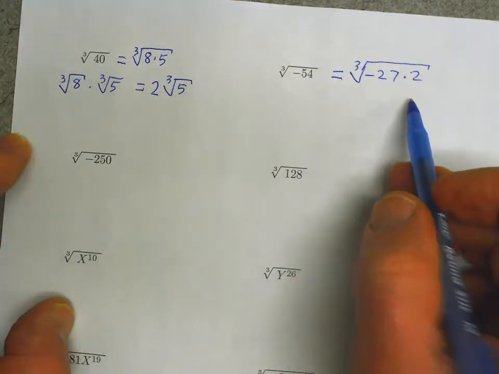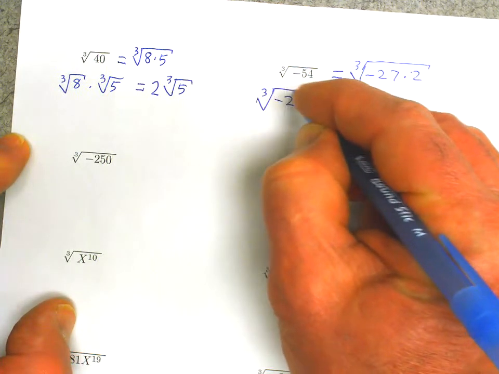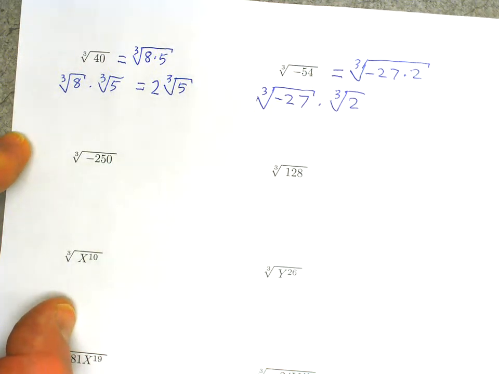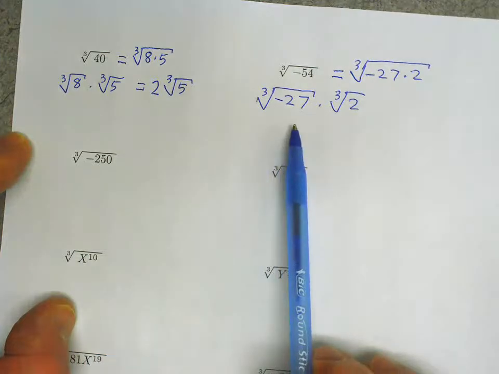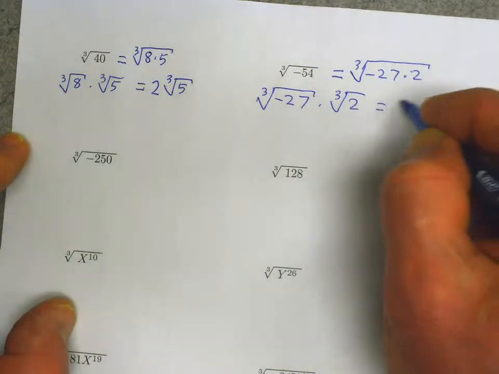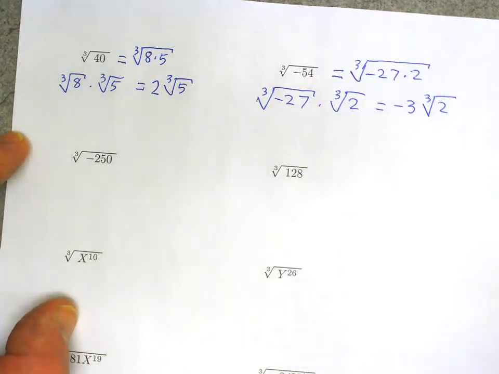And then we'll rewrite this as the cubed root of negative 27 times the cubed root of 2. And then the cubed root of negative 27 is just negative 3, because if you raise the number negative 3 to the third power, you get negative 27. So this simplifies to negative 3 times the cubed root of 2.